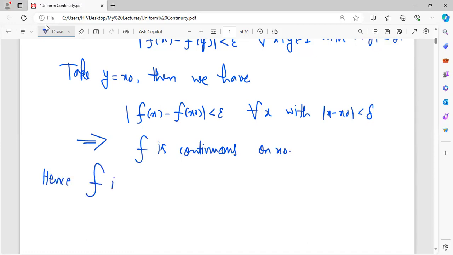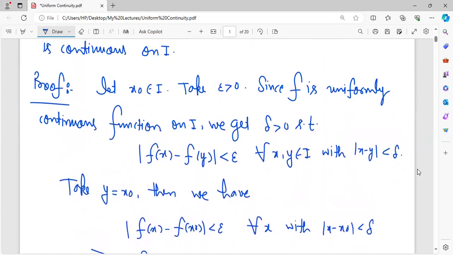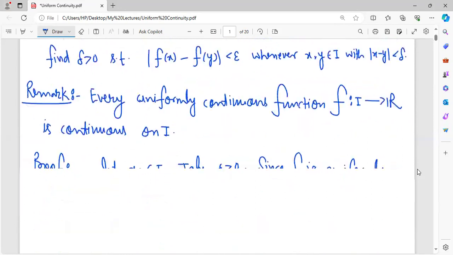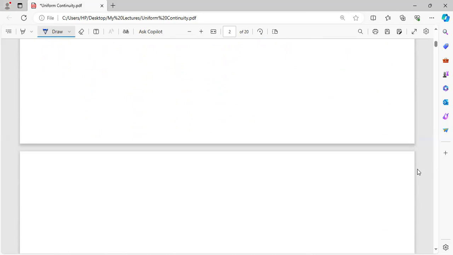Since x naught is an arbitrary point of the interval, you can take any point and prove it similarly. Hence f is continuous on I. So every uniformly continuous function on an interval is also a continuous function.